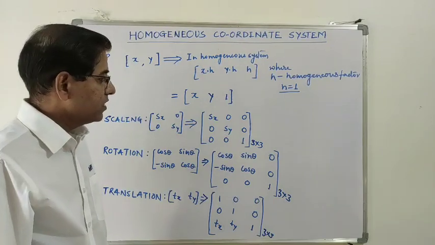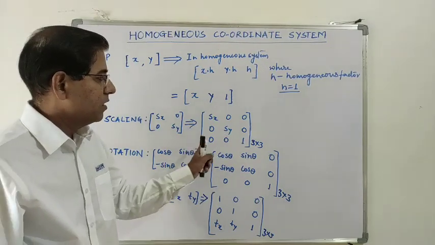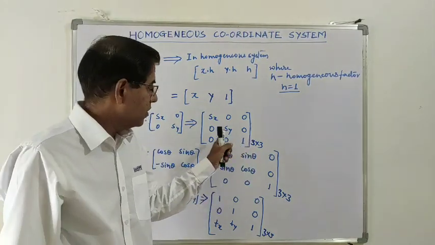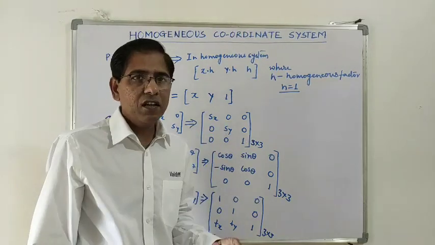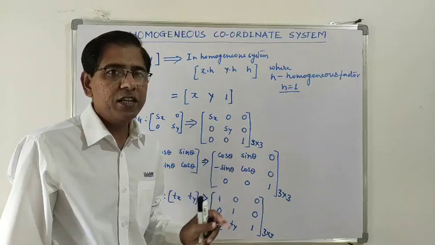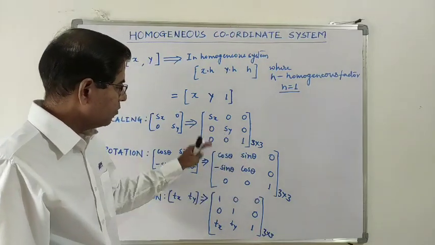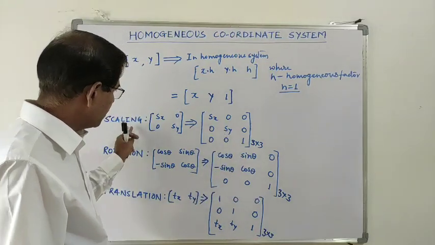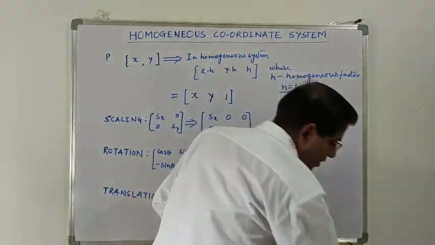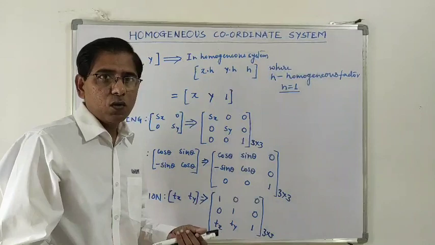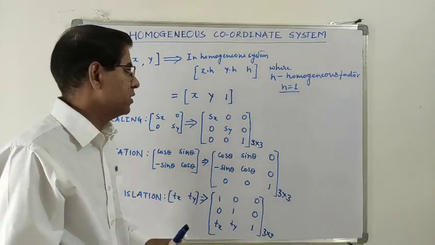Similarly, the final figure is obtained by matrix multiplication. So these are the transformation matrices for scaling, rotation, and translation. Now we'll see how these transformations are captured.